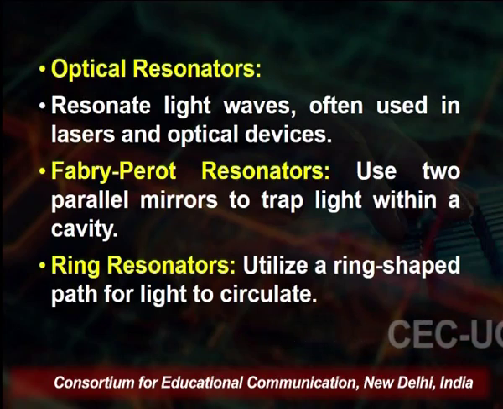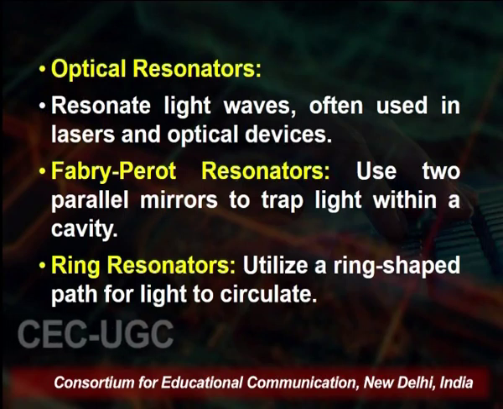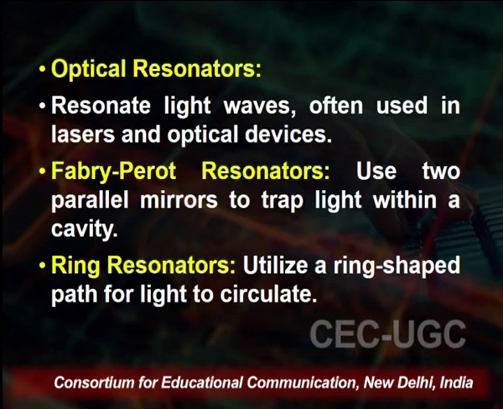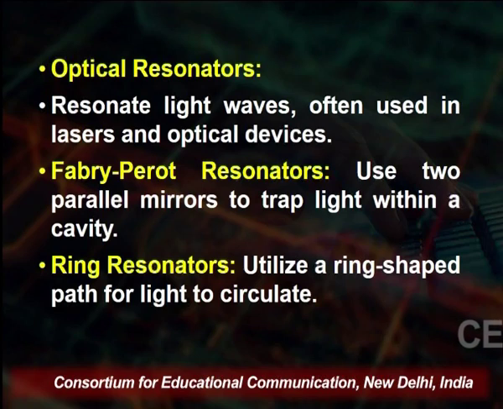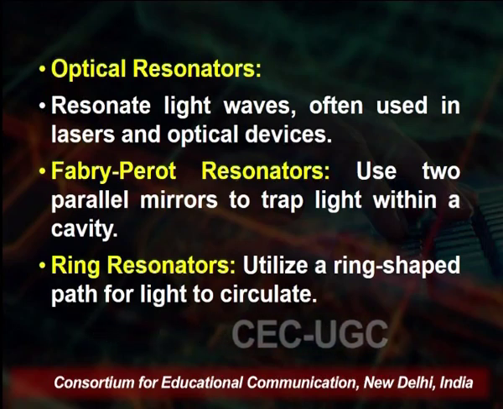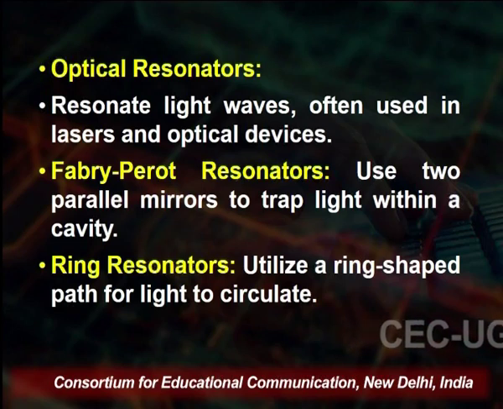Another type is the optical resonator, which resonates light waves and is often used in lasers and optical devices. In this category we have the Fabry-Perot resonator, which uses two parallel mirrors to trap the light within the cavity.